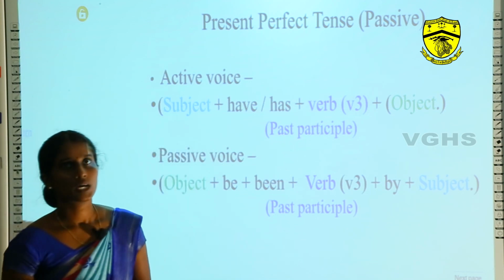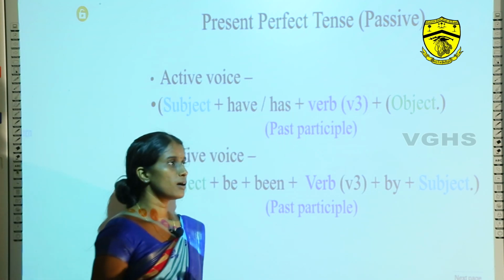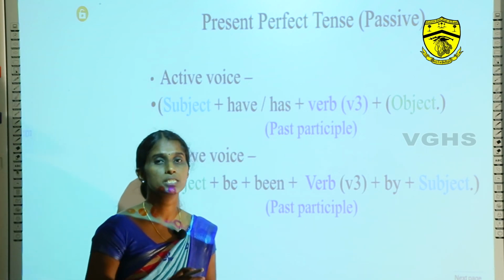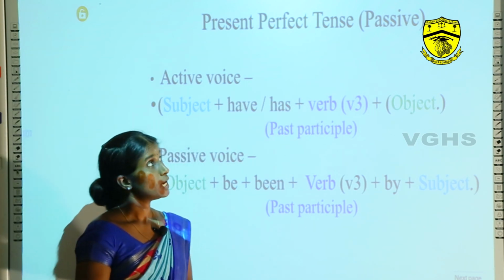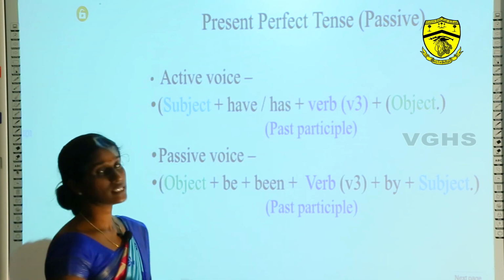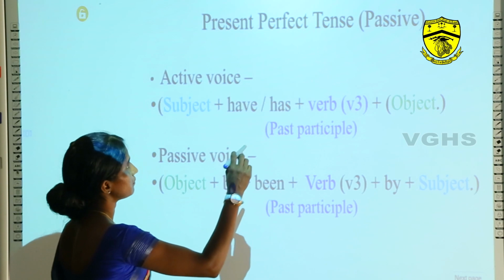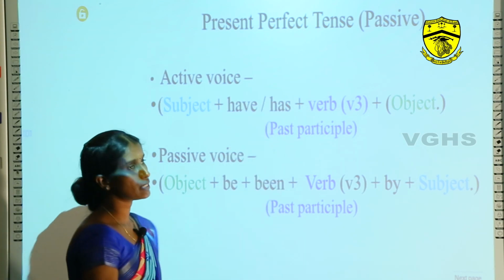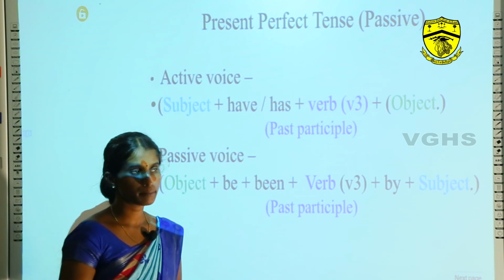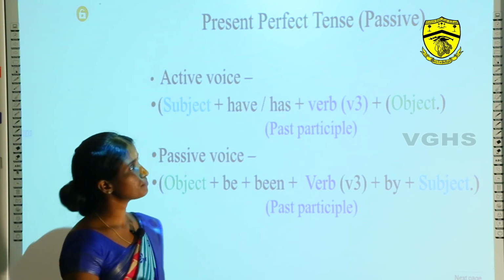Okay, now we have studied what the present perfect tense is and in which situations we use it. Now we are going to move on to the present perfect tense passive. You have already studied the passive in other tenses like the present simple, the simple past, or the simple future.